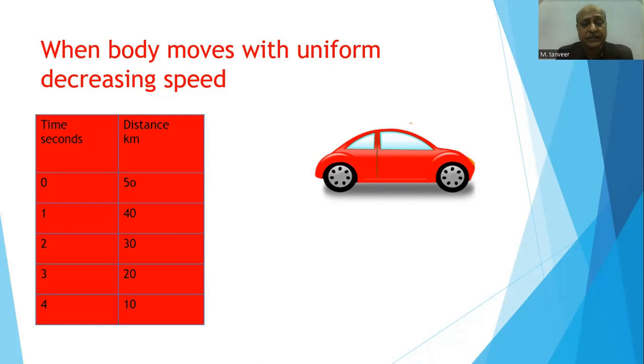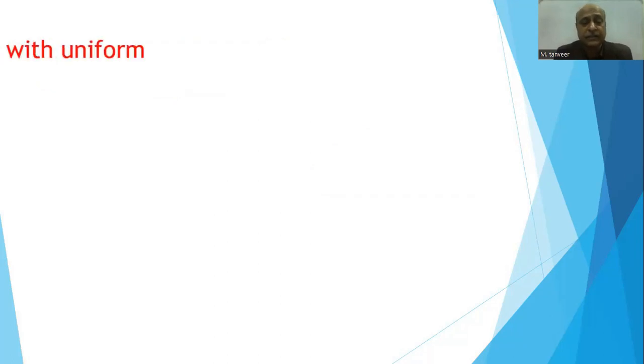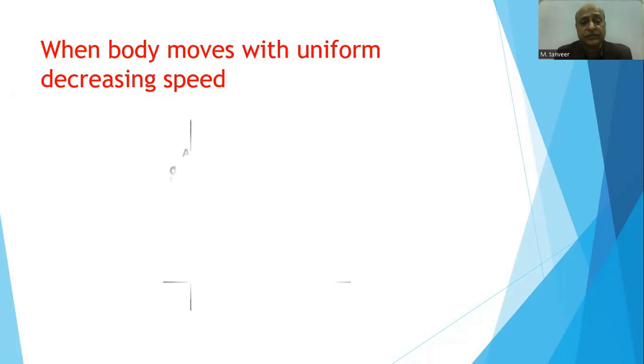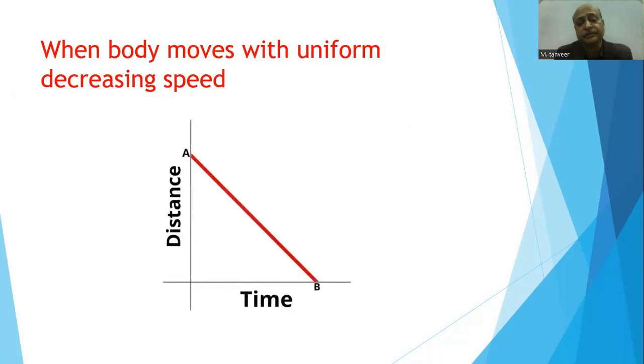Time is 1 second, distance is 40, 2 seconds, distance is 30, 3 seconds, distance is 20, and 4 seconds, distance traveled is 10 meter. Then the distance time graph will be in this shape. This is the decreasing speed. Uniformly decreasing speed, then the distance time graph will be in this shape.